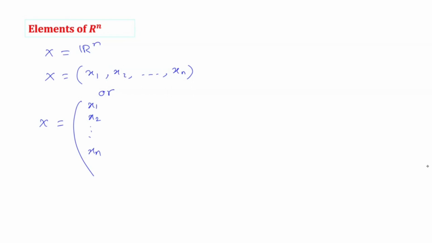Next we will see how we can write the elements of Rn. Let x be a member of Rn, then x can be written as (x1, x2, and so on up to xn), that is n number of entries. Or in some cases we also write it as a column vector, x1, x2, up to xn in a single column.